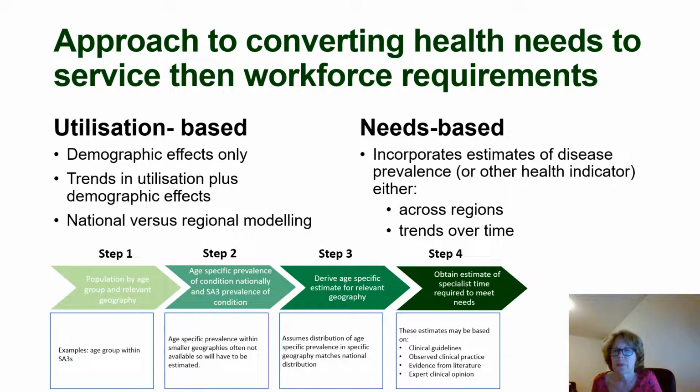The next step is to work out what health service needs are based on that level of disease prevalence. Now that could be based on the level of the current service utilisation, so based on what the national picture tells us in relation to comparing disease prevalence with the total national service available.